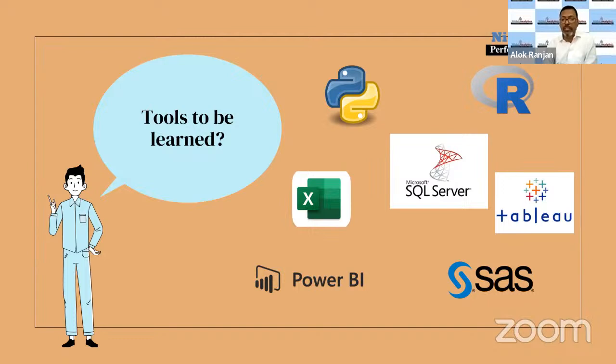Some are specific to a domain. Suppose you are going for the healthcare domain, then I suggest you also learn SAS, a statistical analysis system. SAS is mostly used in the healthcare domain to perform clinical trials. In the drug manufacturing process, we have a clinical trial process, and the analysis is performed with the help of SAS.